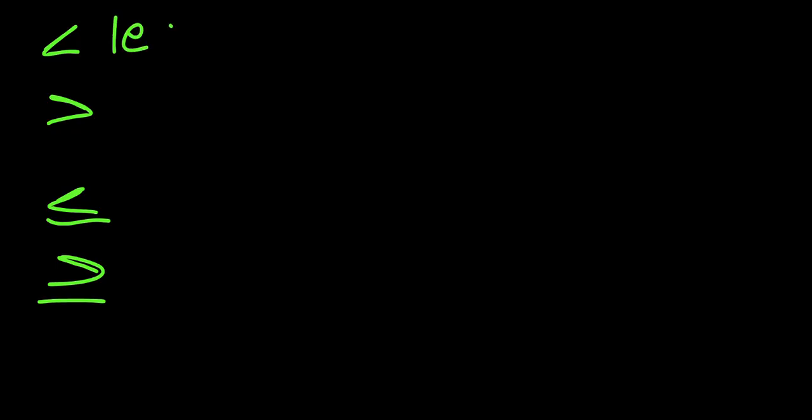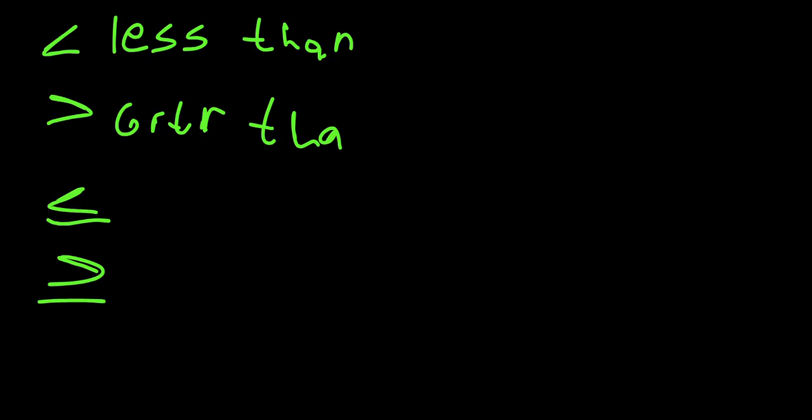So let's scroll on down and let's define what each of these mean. We have this symbol, and this symbol, and this symbol, and this symbol. What do each of these mean? Well, the first one is less than. The next one is greater than, we're just going to abbreviate it.